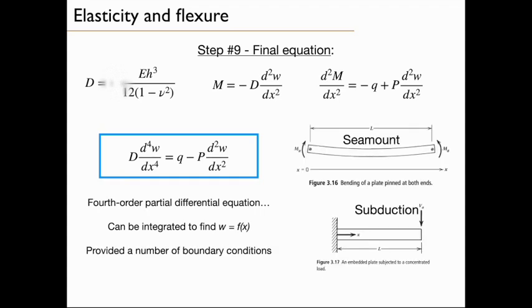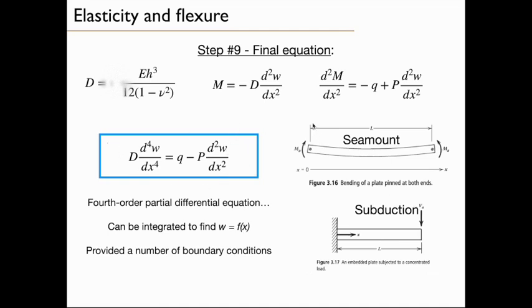It looks complicated, but it will be very handy. So we will solve, for example, the loading of an oceanic lithosphere due to a seamount, or the flexure of a plate due to subduction, using this equation here.